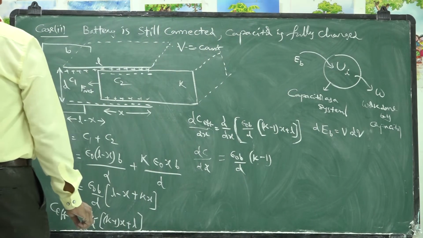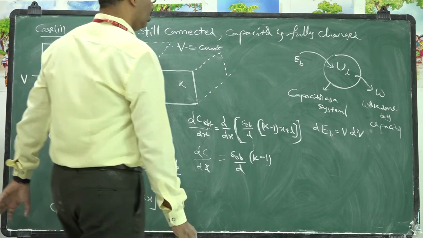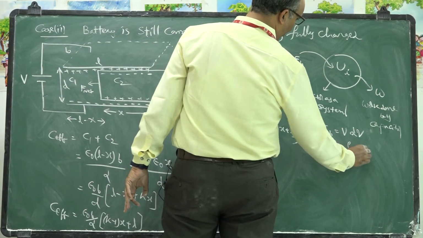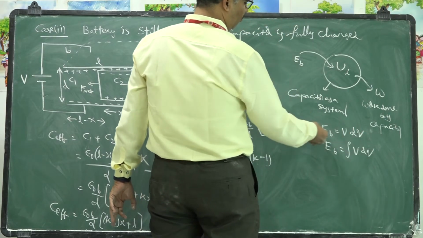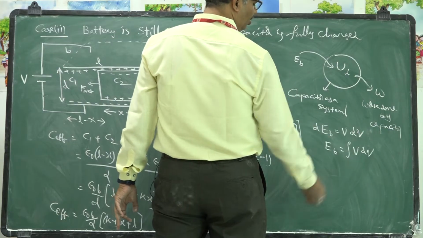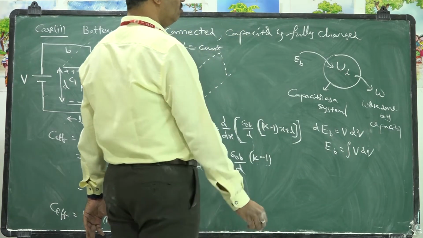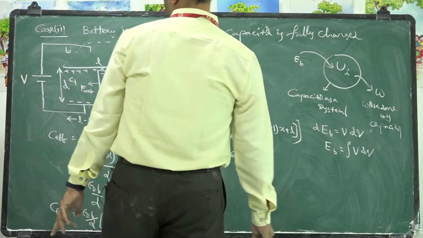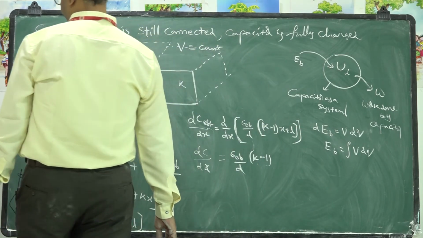So the total energy supplied by the battery means integral V dq, nothing but work done. Work done is potential into charge, dW is equal to V dq. Work done is equivalent to energy. So the energy supplied by the battery can be calculated by V dq.